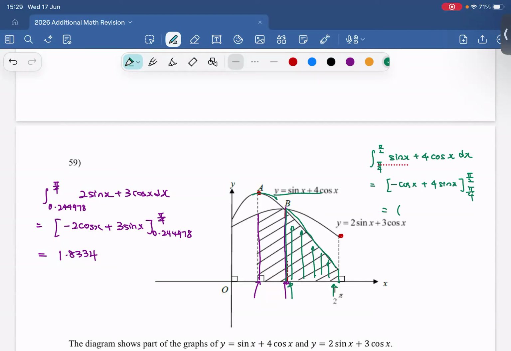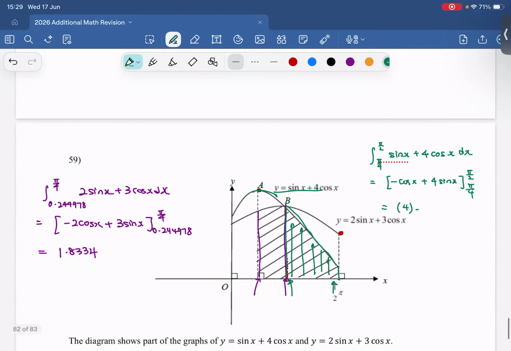So it's 4 minus, I just press the calculator. 1.87867.